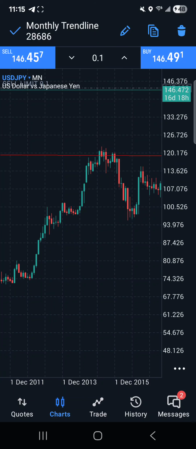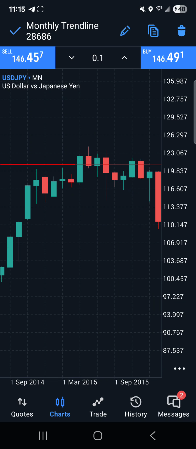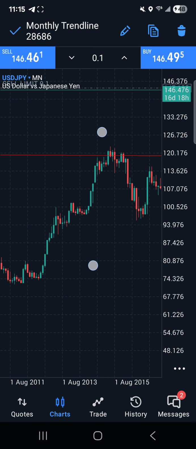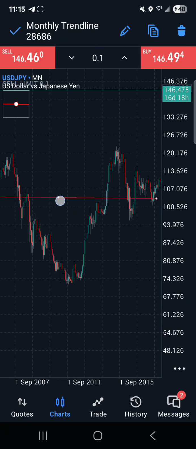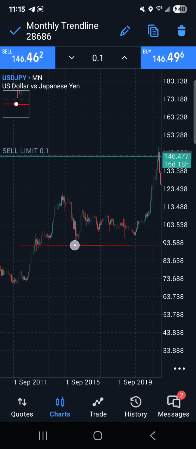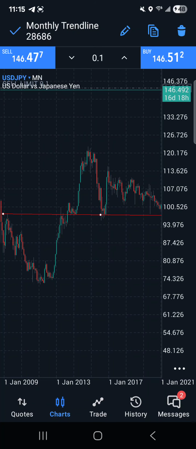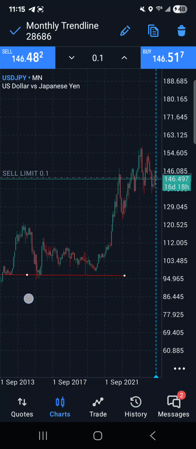Then price pushed into the zone again and gave us this pullback up to this area. I can say this is like an equilibrium or 50% retracement.